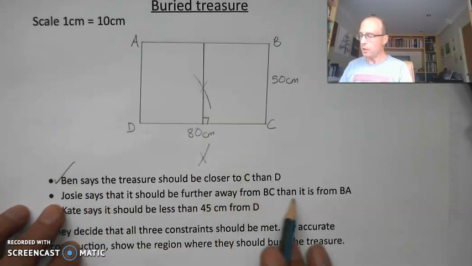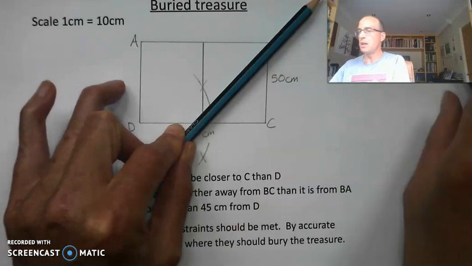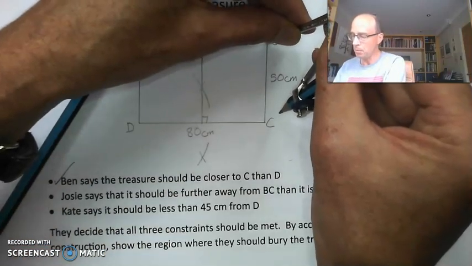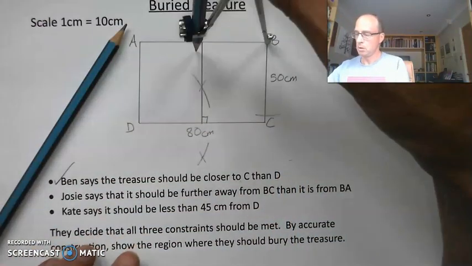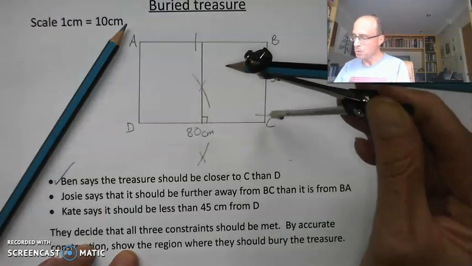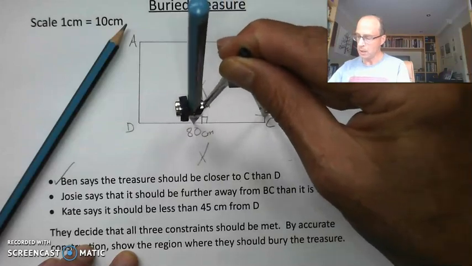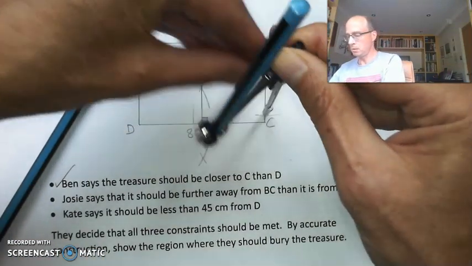Josie says it should be further away from BC than BA, so remember we're looking for that angle bisector. So I'm going to take my compass, put it on B, and draw 2 arcs on AB and BC. Then I'm going to move my compass, put it on that arc, and draw an arc there somewhere.